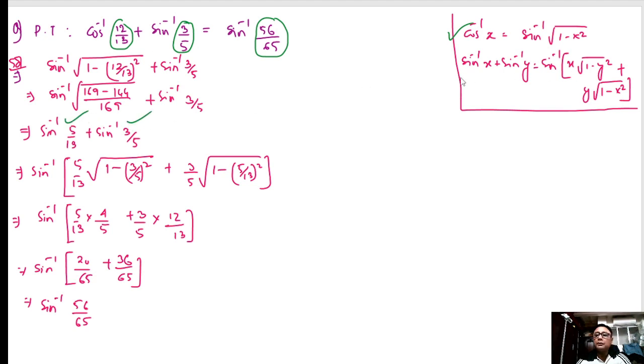Now we are using the formula sine inverse x plus sine inverse y equal to sine inverse of x root over 1 minus y square plus y root over 1 minus x square. So using this, this is my x, this is my y. Solving it, we are getting sine inverse 56 by 65.